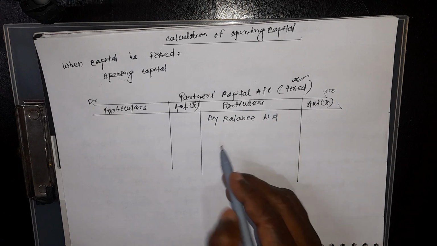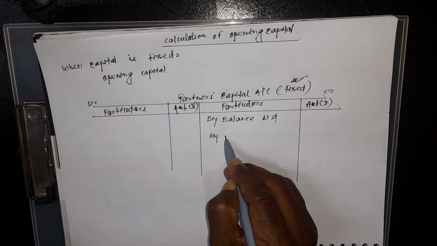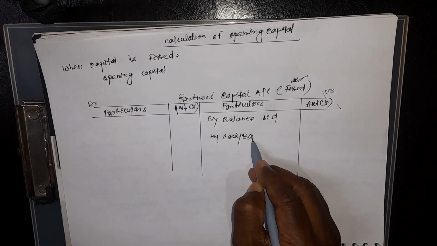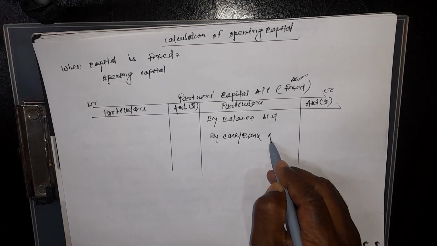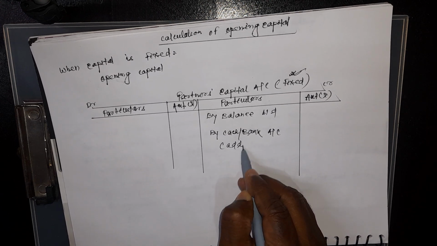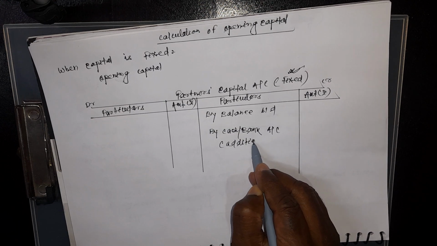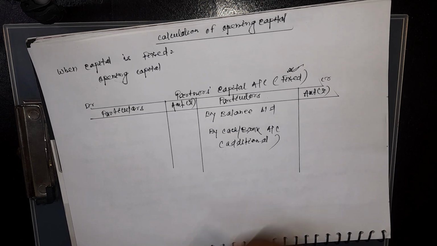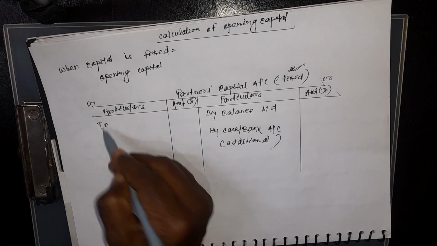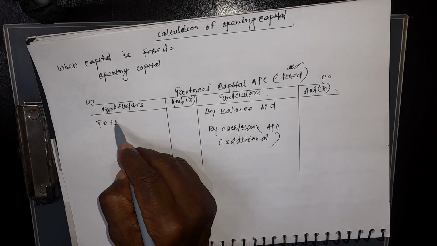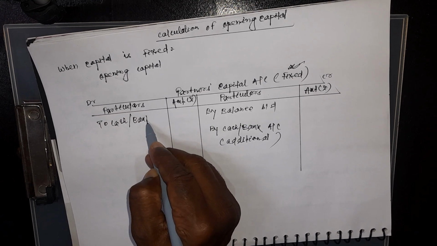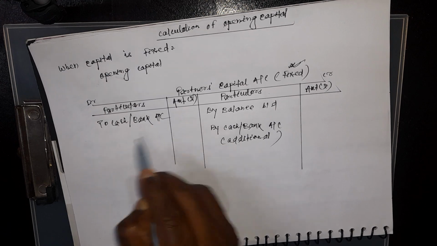So I am writing it here: by balance b/d, this is opening capital. Then by cash or bank account, this is additional capital. Then on the debit side, to cash or bank, this is drawing out of capital.